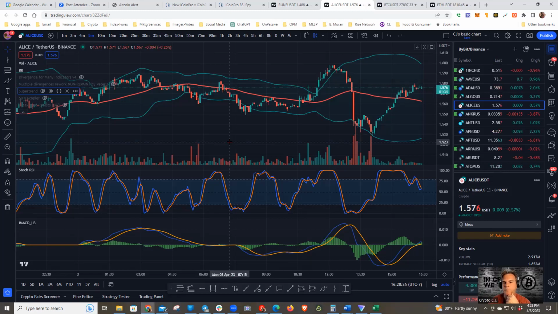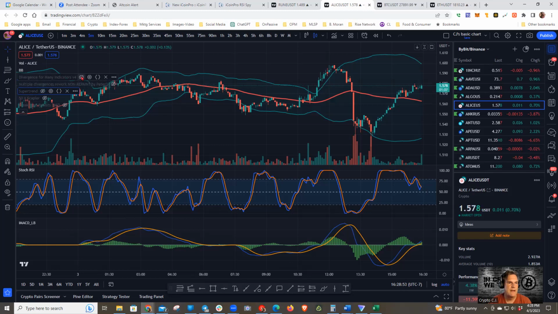CJ, can I just ask you, with these indicators, I find it difficult to get them all on the screen. Can you show us how you could move them around and resize them? Move them around and resize them. So, are you talking about, like this is my super trend.